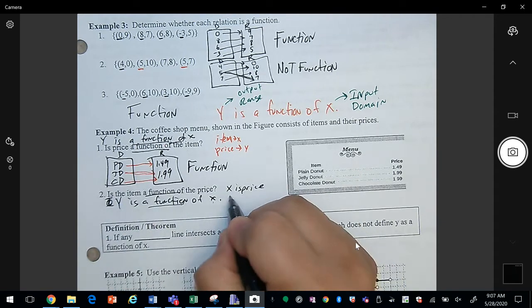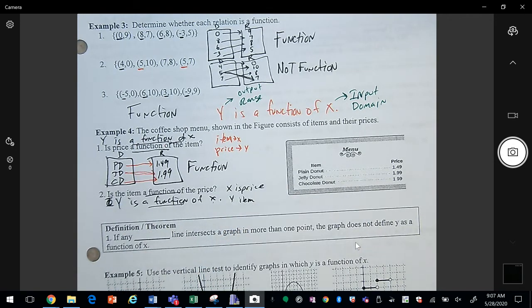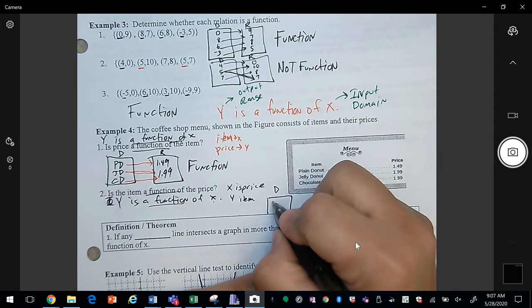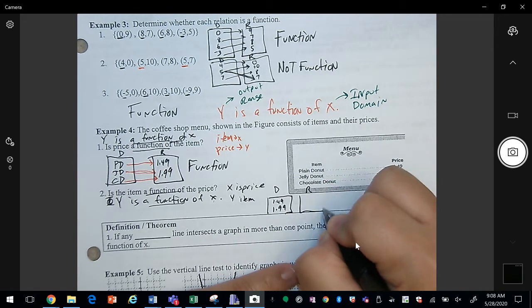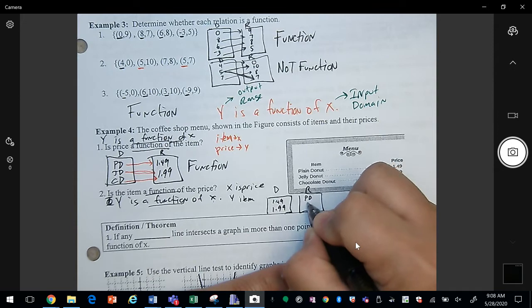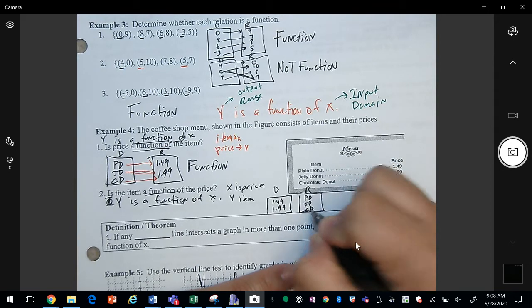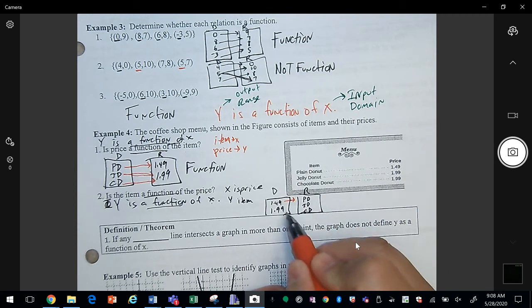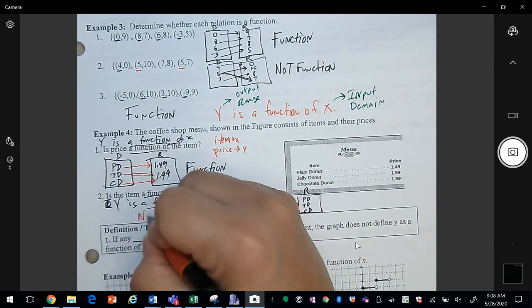And y is going to be your item. So if you make a table now, your domain is the price, 149, 199, and then your range is the types of donuts. So we see that 149 goes to the plain donut, but 199 is going to two different types of donuts. So that's going to make this not a function.